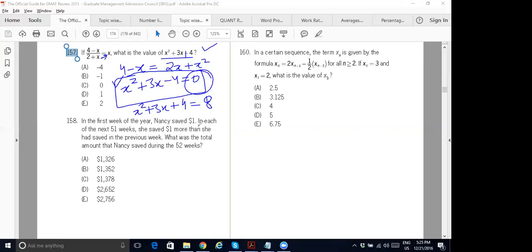So they have basically given us the value from the first equation. They will give us an equation, and based on it, we have to figure out the value of the expression. This makes sense?